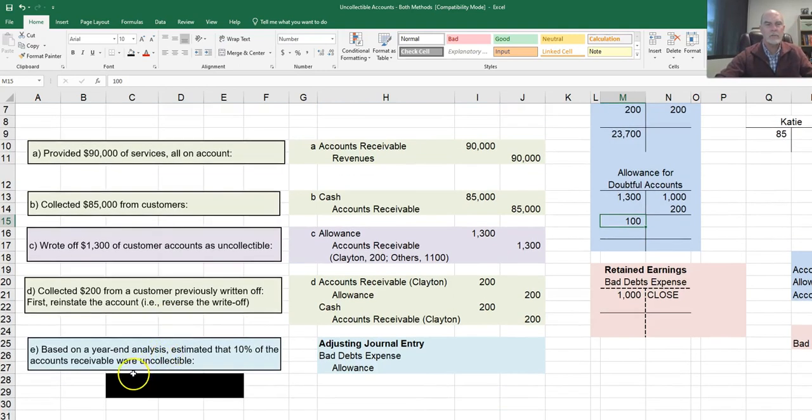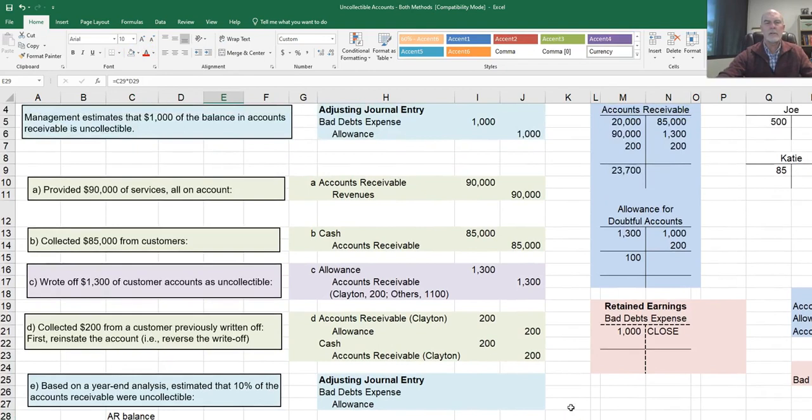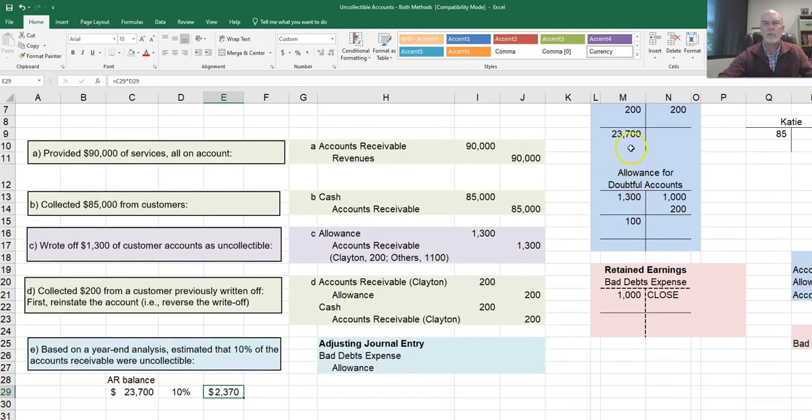Well, 10% of that ending balance would be $23.70. So we think that of the 23,700 accounts receivable, we think $23.70 is uncollectible.